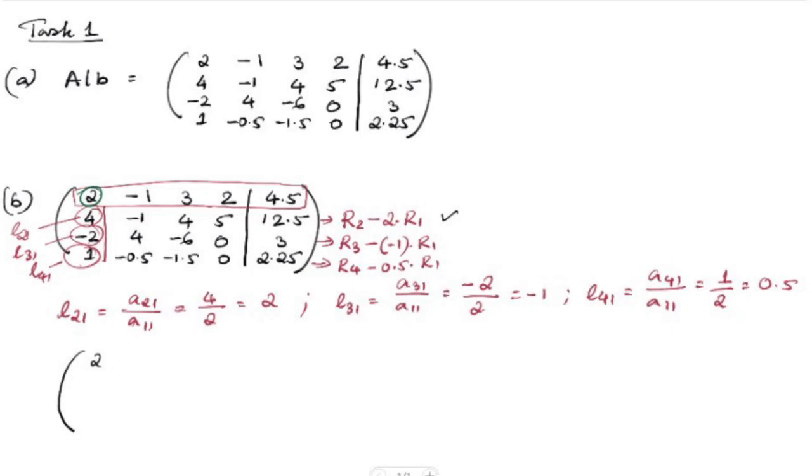So we have 2, minus 1, 3, 2 and 4.5. We don't change anything in the frozen row. And then we have row 2, which is 4 minus 2 times row 1, so 2 times 2, so 4 minus 4 is 0. And then we have minus 1 here.